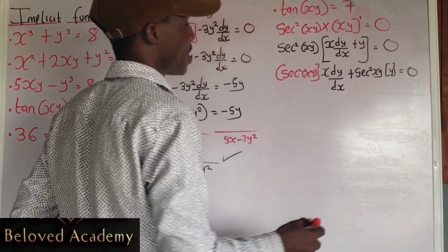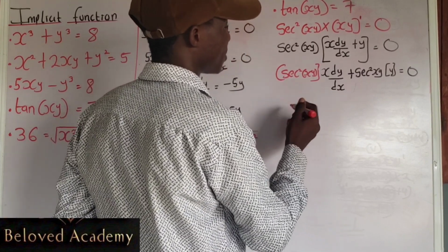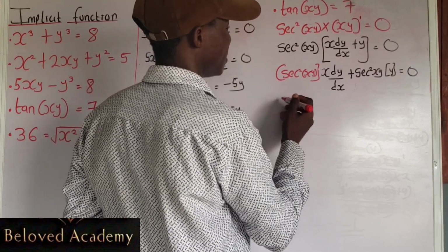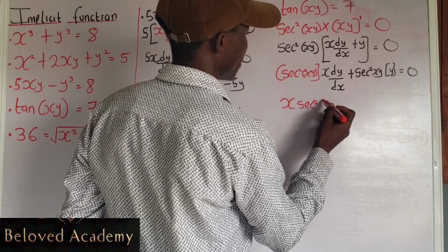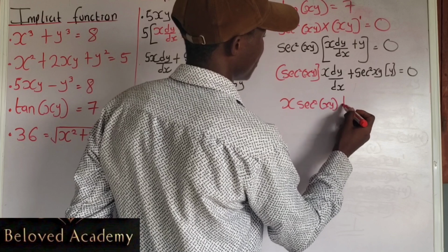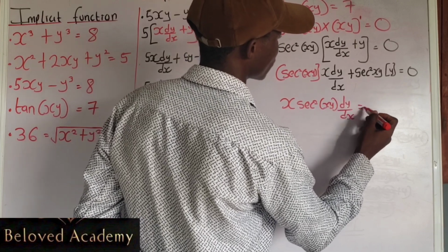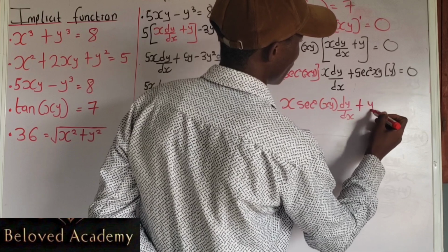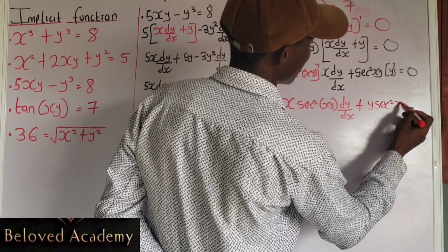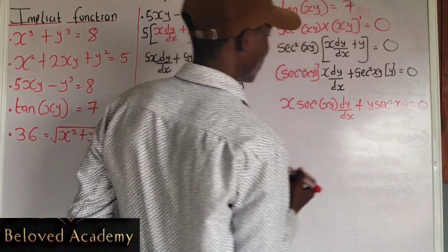So for this, please pay attention, I can write this as x sec square xy dy over dx plus y sec square xy is equal to 0.